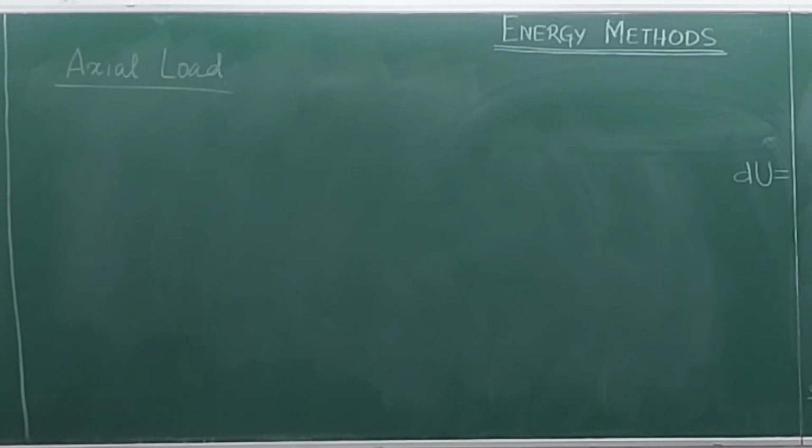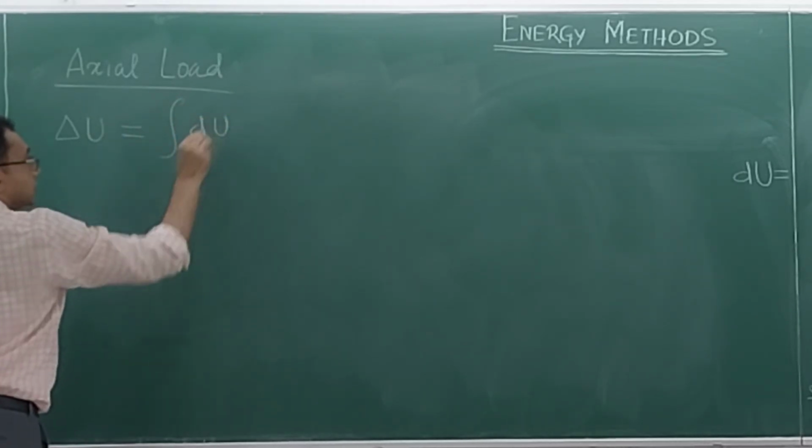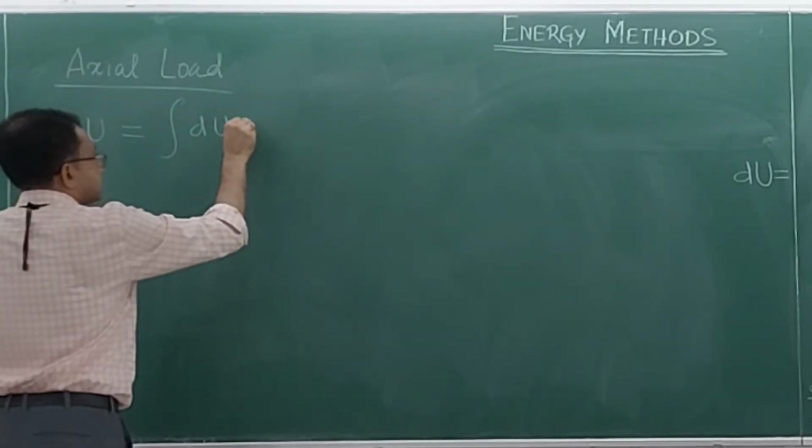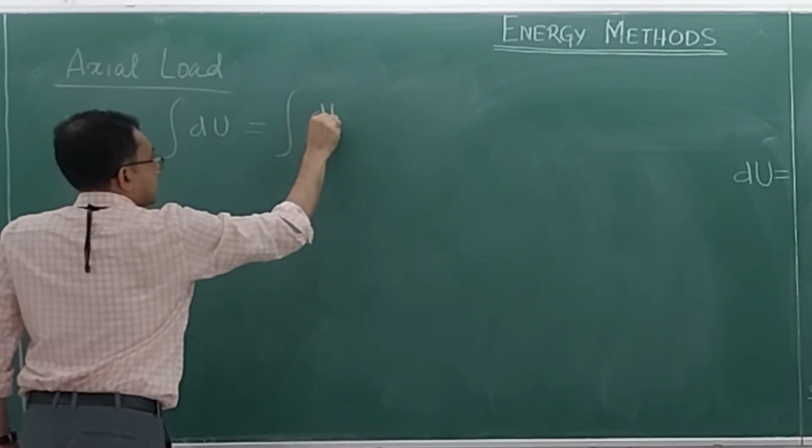The question we ask ourselves is: if we have a mechanical member and we apply some kind of axial load on it, then what is the change in the strain energy of the body or the member? So delta U is going to be equal to the integration of dU.